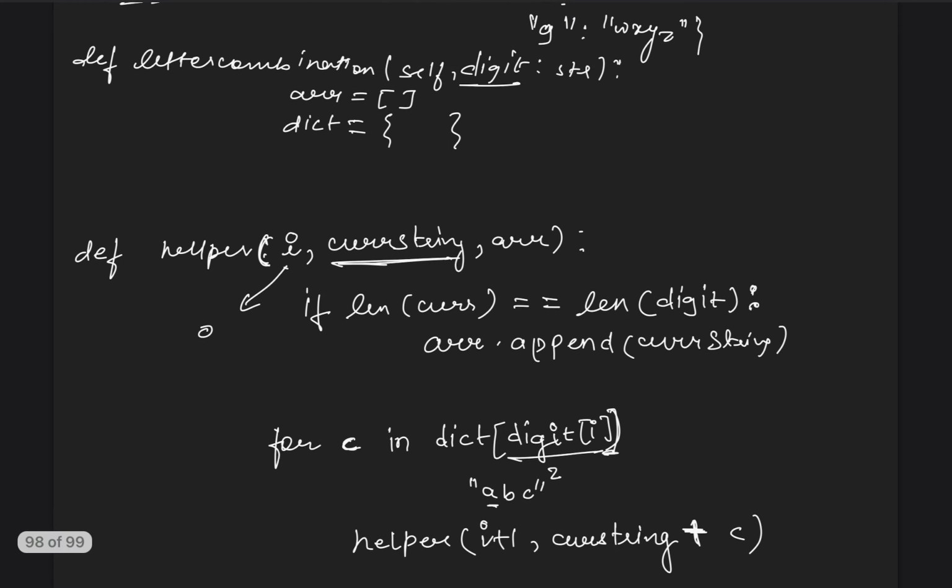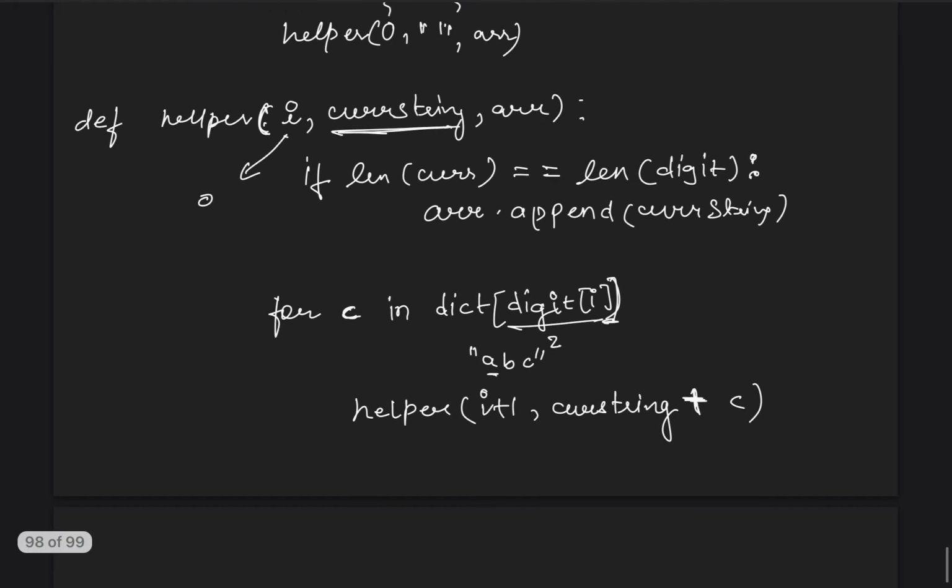So I will be passing the helper function with 0 index, the current string as an empty string right now initially, and then an array I will be sending. Okay, so now I guess we are done.